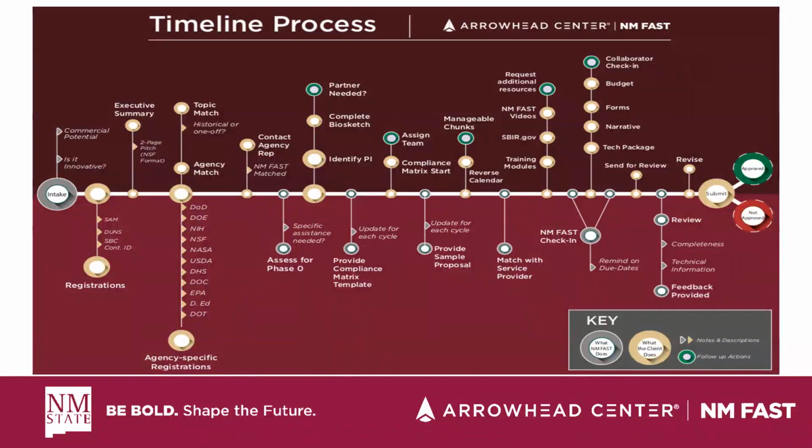And so you can see we're there every step along the way if you become a FAST client. Again, this differs based on the agency, because now we have agencies who have project pitches. DOE requires a letter of intent. You know, there's a lot of variations, but generally, there's a lot of different pieces that go into a proposal package.